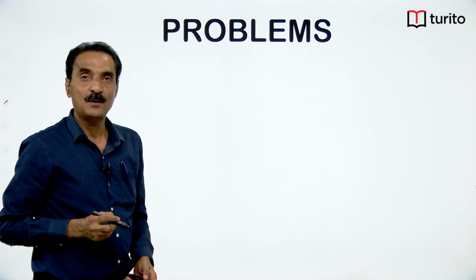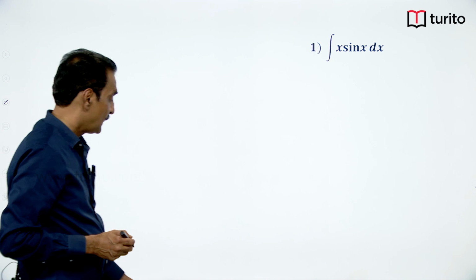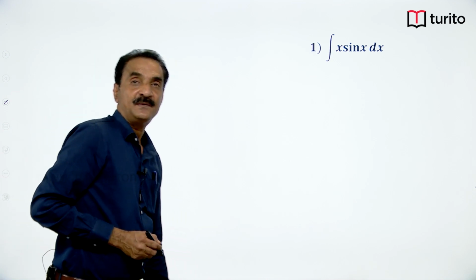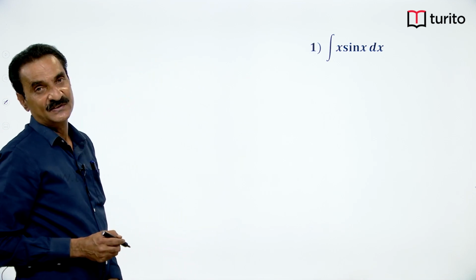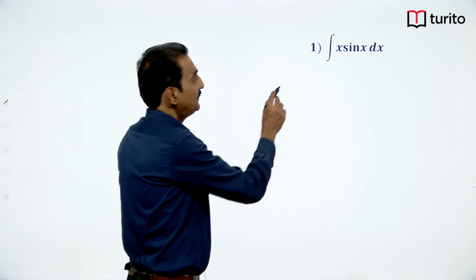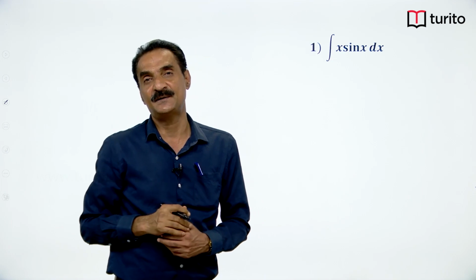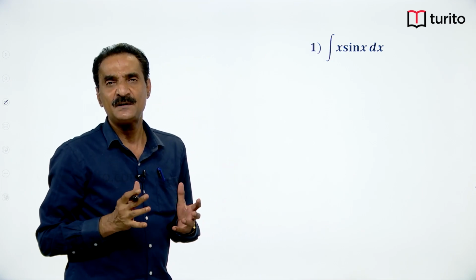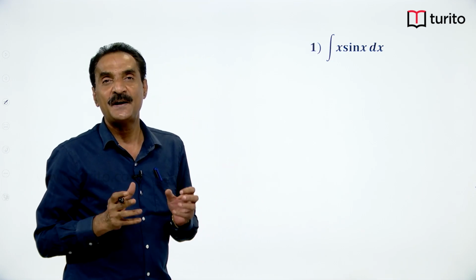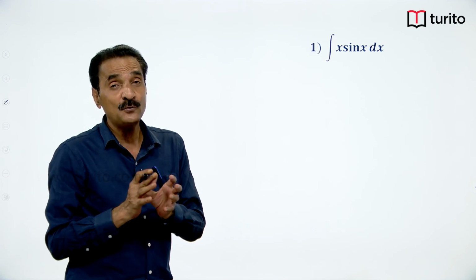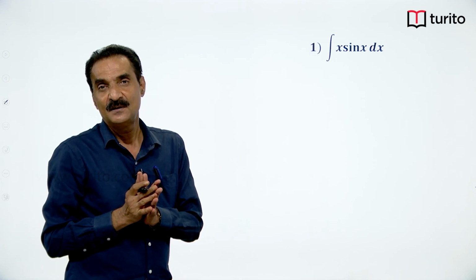Now, let us solve problems. Integral x sin x dx. X is algebraic, sin x is trigonometric. Usually, we apply integration by parts for finding the integral of product of two dissimilar functions.